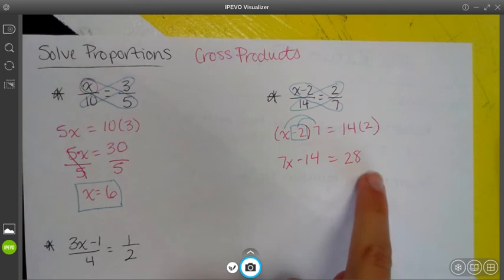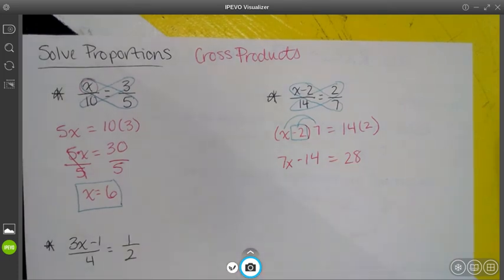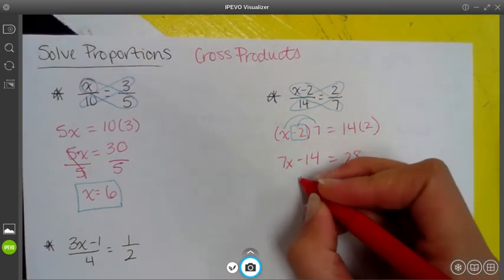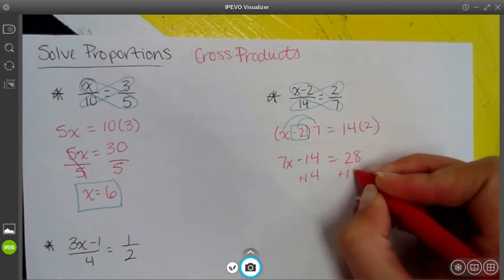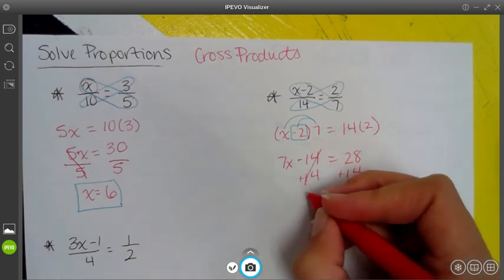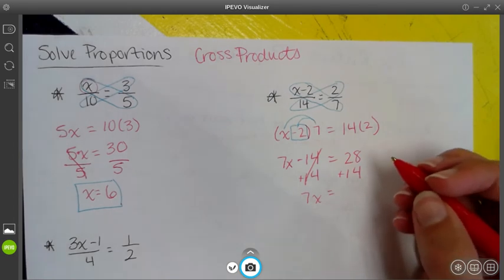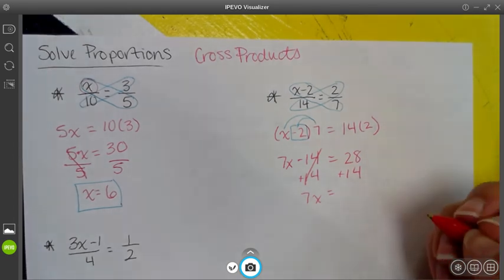Now this is something that we see all the time: PEMDAS in reverse order. We are undoing the operations, so we need to undo PEMDAS. To get rid of this subtraction of 14, I will add 14, and I do it to both sides. Those cancel, and I have 7x left. Then I do 28 plus 14, which is 42.